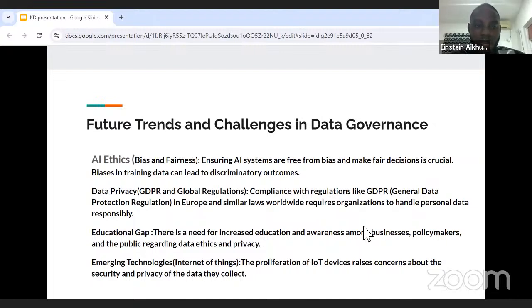Now, we have AI ethics, bias and fairness, like what I said earlier. Ensuring AI systems are free from bias and make fair decisions is crucial. Biases in training can lead to discriminatory outcomes, like what I said earlier about the iPhone watch, which was not able to detect a Black person's heartbeat because of my skin color.